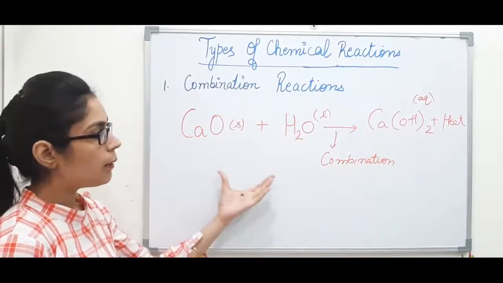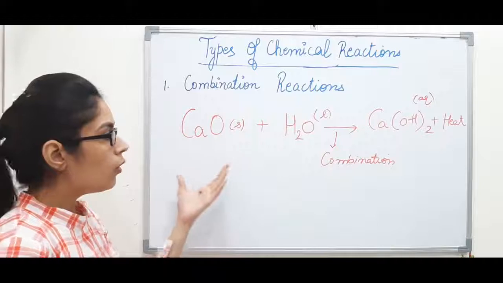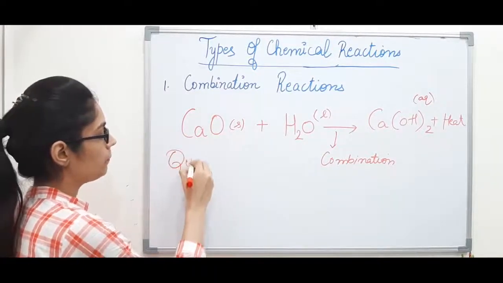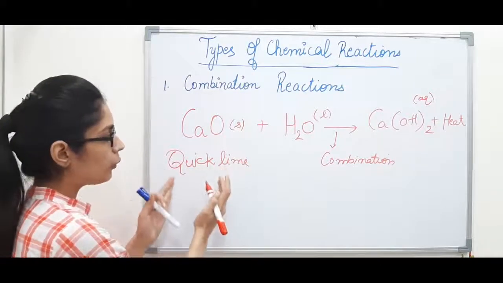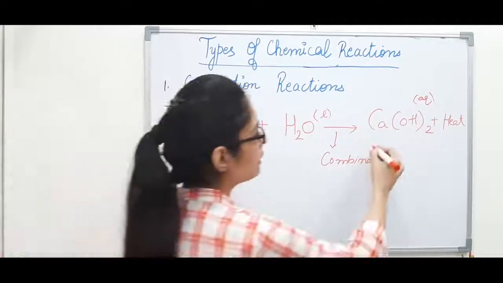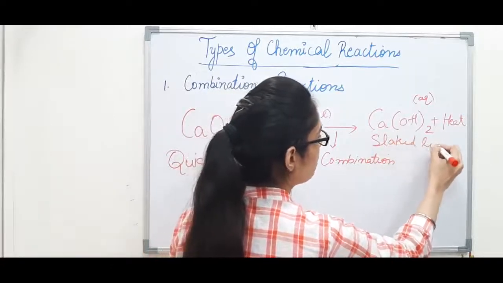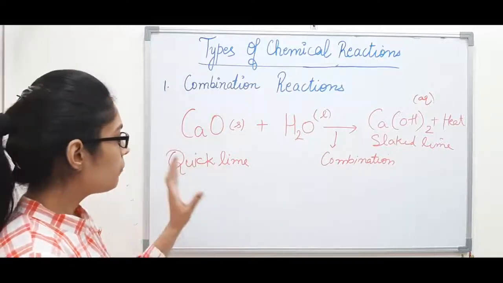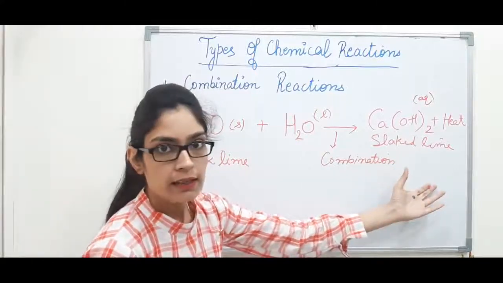But with this example, mostly one question is asked: on adding calcium oxide, which is also known as quicklime, to water, we get slaked lime. Calcium hydroxide is also known as slaked lime. So what do we observe? When quicklime is added to water, we are getting slaked lime.